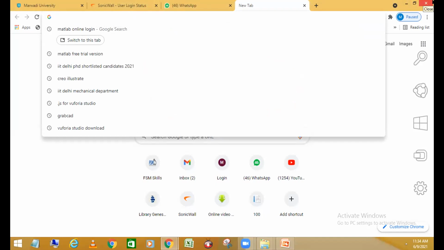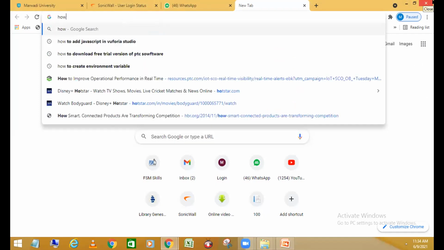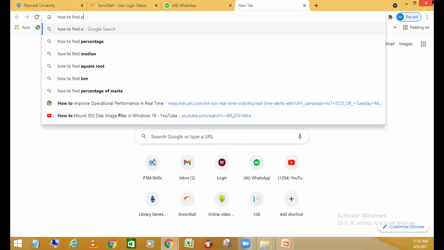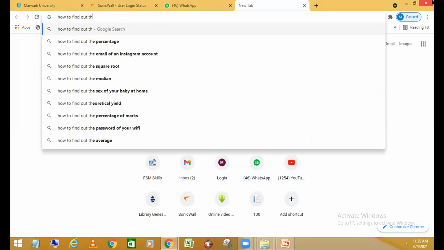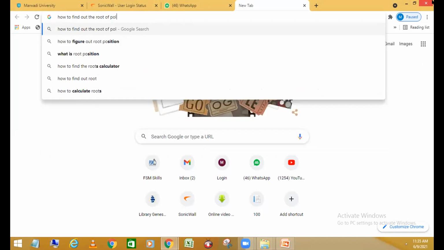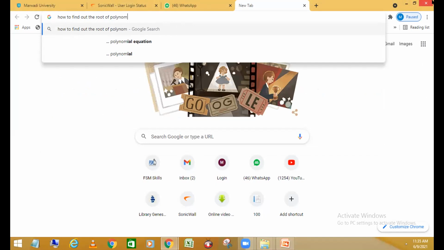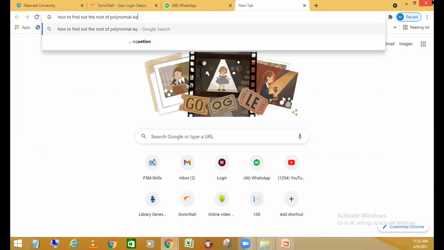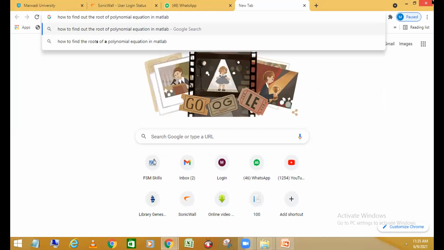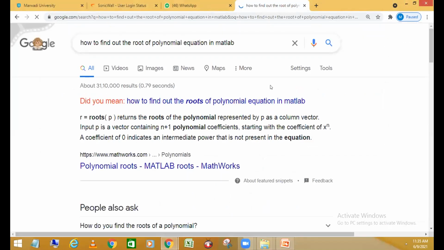I want to find out the root of a polynomial in MATLAB. You just write such a keyword in the Google search box, you can easily find out.